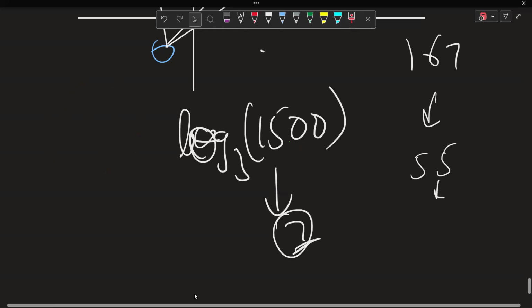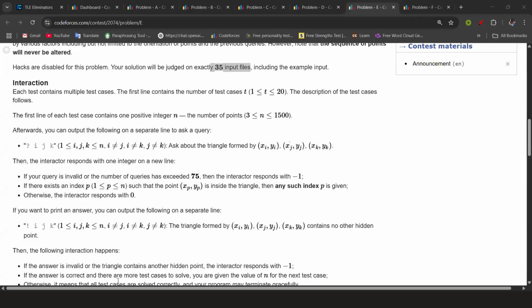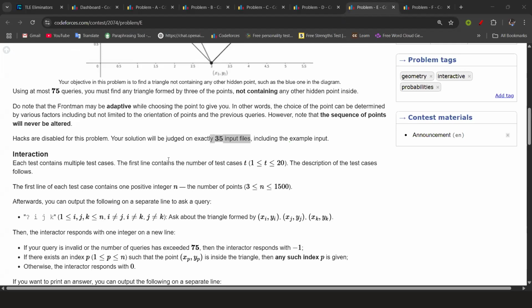So that was a little bit of a hint there that hacks are not allowed, because if you want an absolute answer which is for sure giving you a correct answer in the worst case, then this solution would not be a for-sure way.